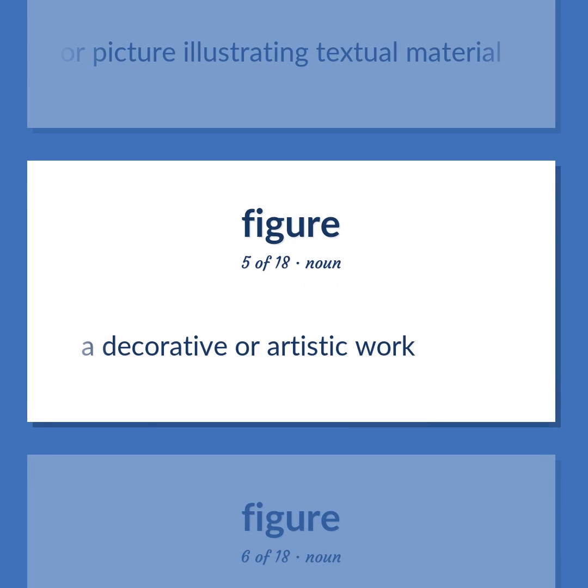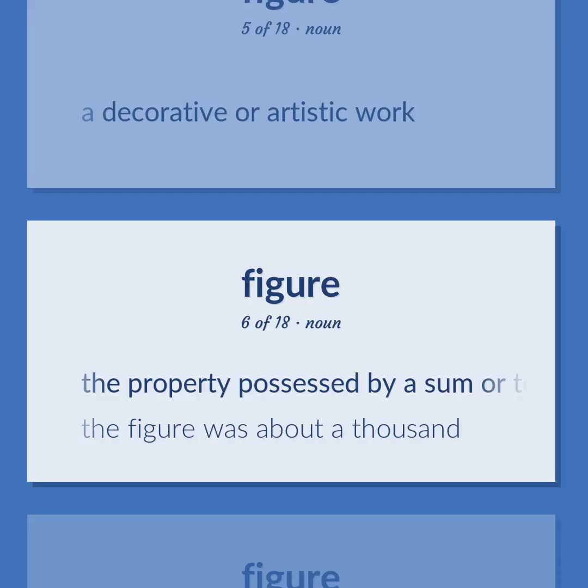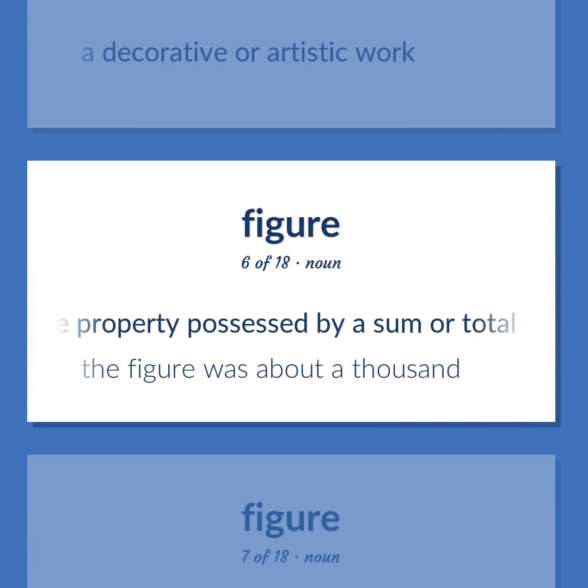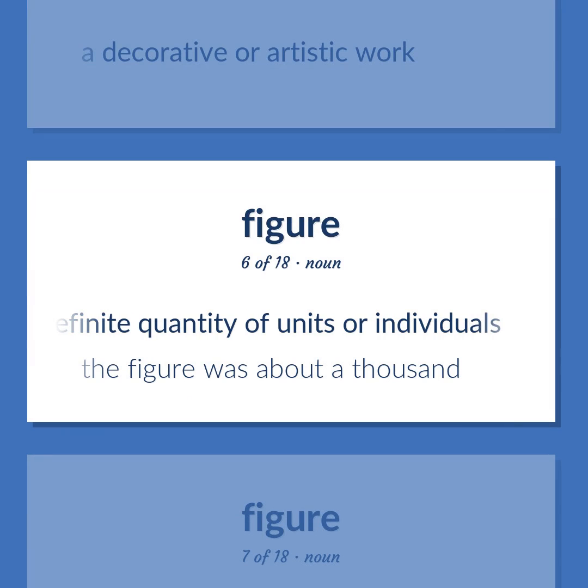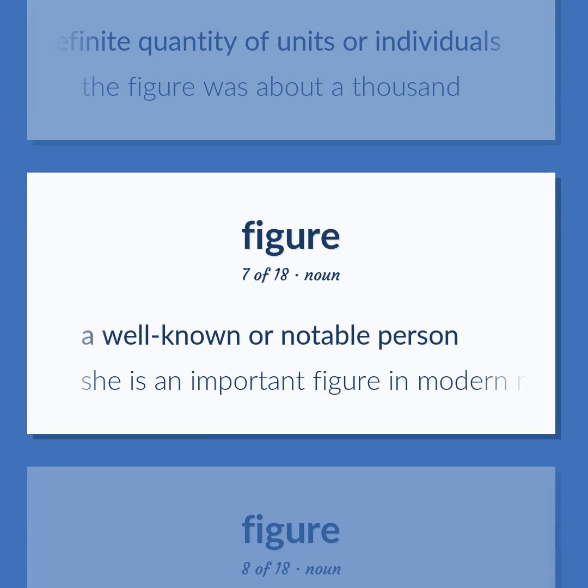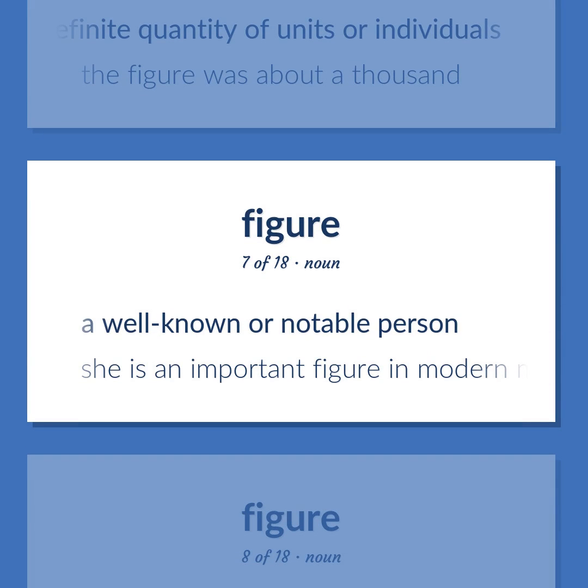A decorative or artistic work. The property possessed by a sum or total or indefinite quantity of units or individuals. The figure was about 1,000. A well-known or notable person. She is an important figure in modern music.